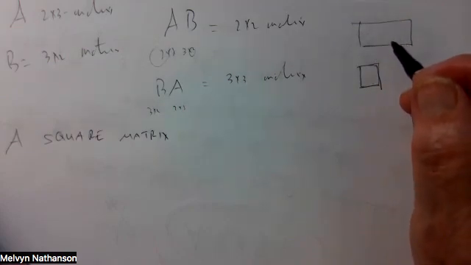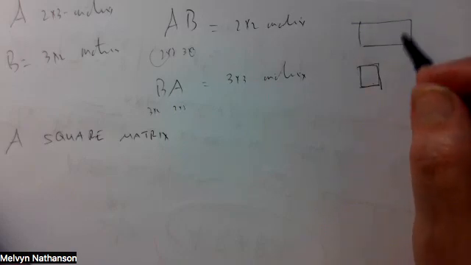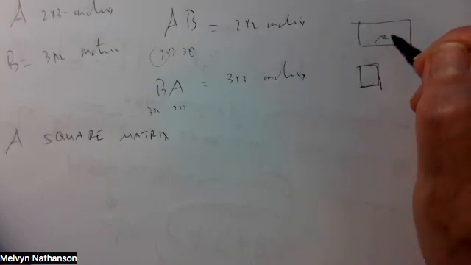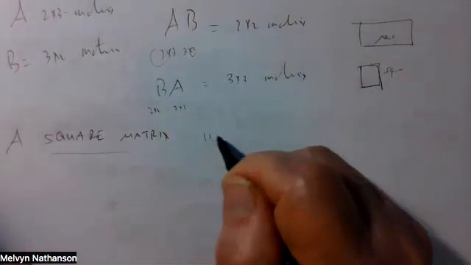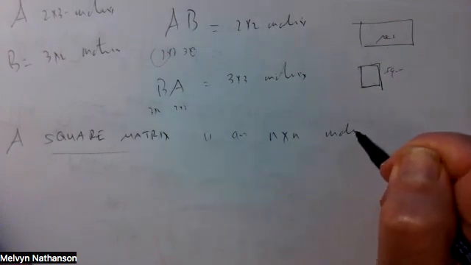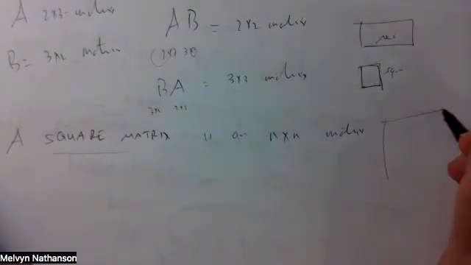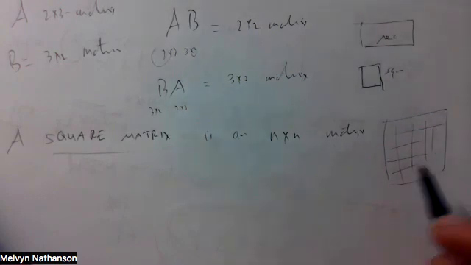They're not necessarily different. In a rectangle, the height and the width can be different, or they can be the same. So this is a rectangle. This is a square. And a square matrix is an n by n matrix. When you write it out, it's a square. The number of rows equals the number of columns.